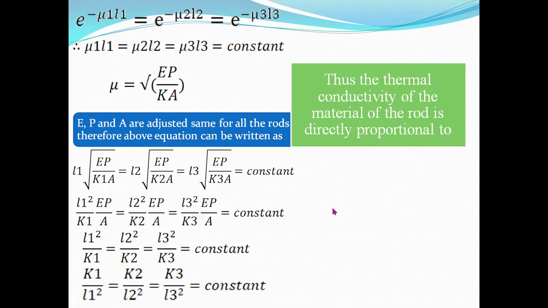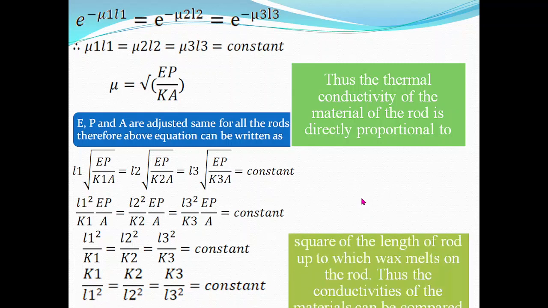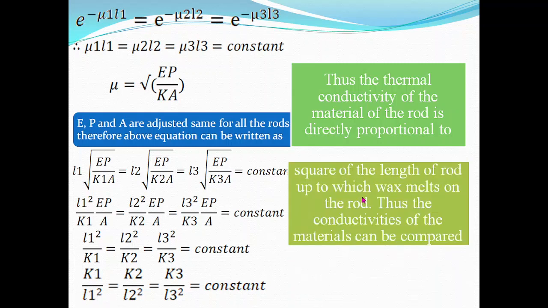So the thermal conductivity of the material of the rod is directly proportional to what? It is directly proportional to the square of the length of the rod up to which wax melts on the rod. And in this way we can compare the conductivities of the various materials of the rods.